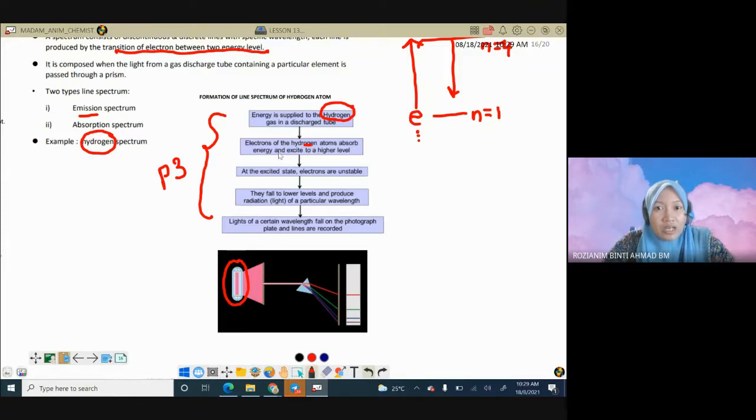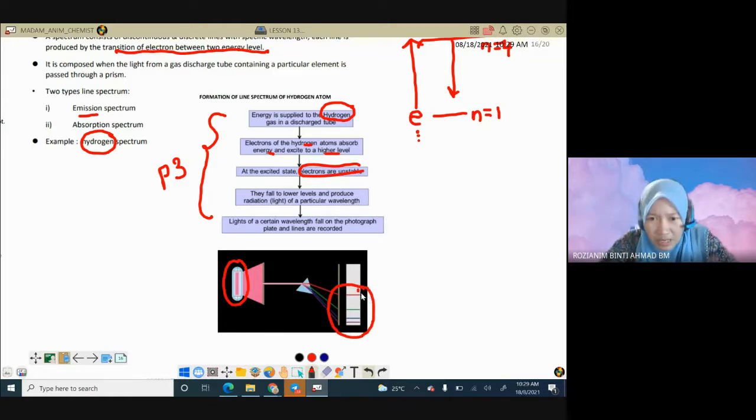So elektron tu absorb energy. It will excite to the higher energy level. So bila higher in energy level, elektron tidak stabil. So dia akan jatuh semula to the lowest energy level and release the energy in form of photon.